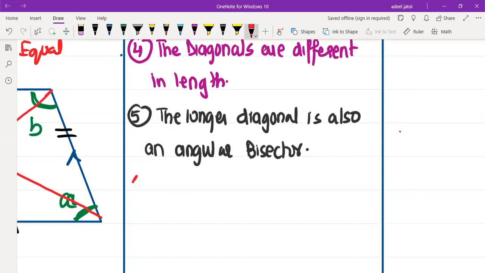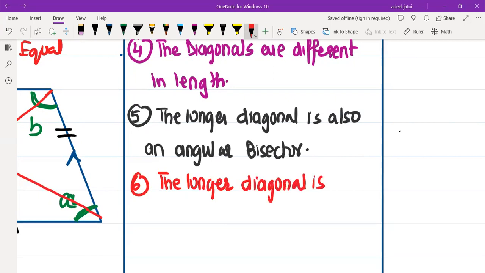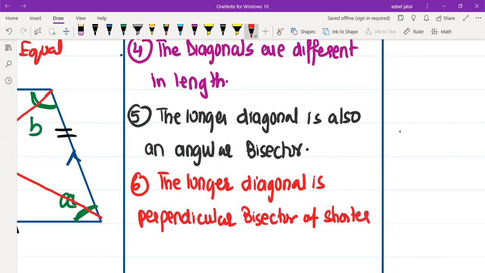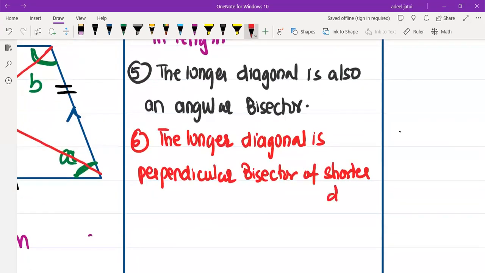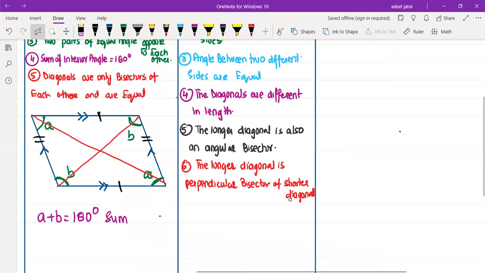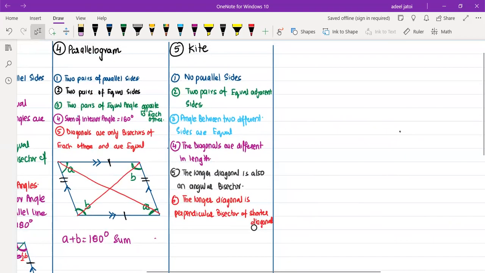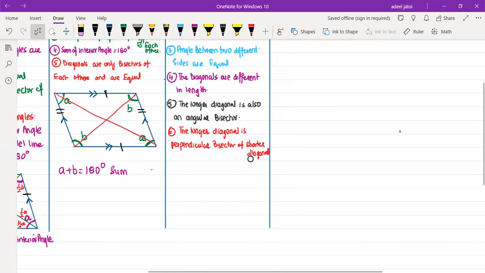Similarly, the longer diagonal is the perpendicular bisector of the shorter diagonal. So it has 6 points for the kite. Now let's draw the kite.